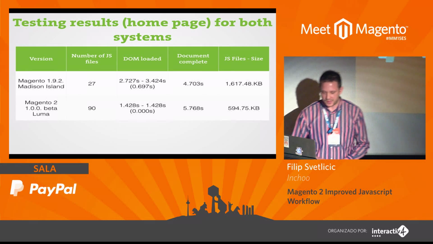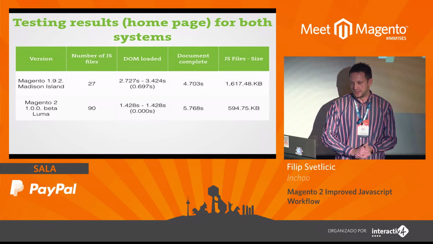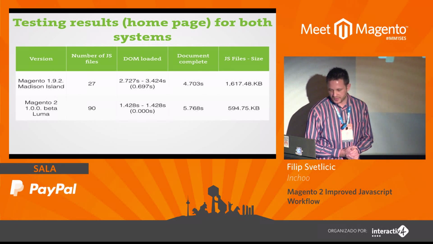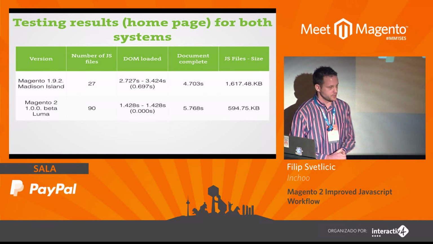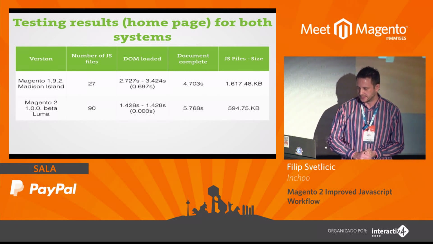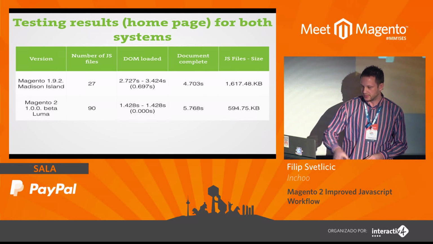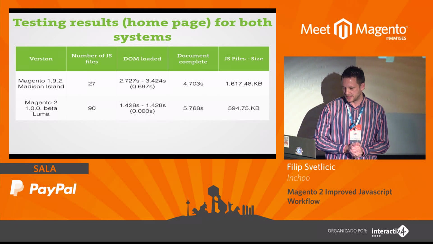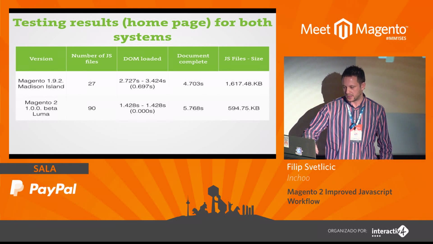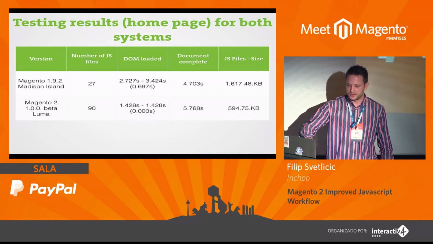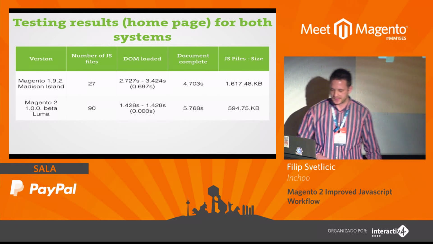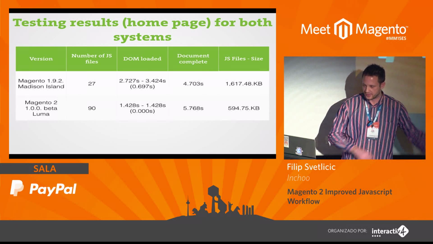So 27 to 90, DOM loaded, you can clearly see, but document complete is still larger on the new version. And here we can clearly see the JS file size; the size of 1.6 is for Magento 2, sorry for that.